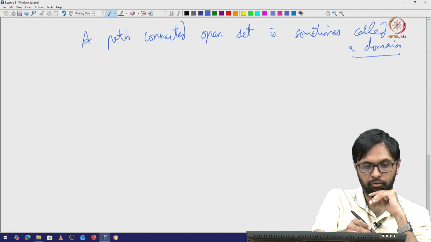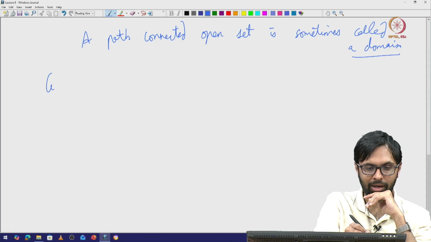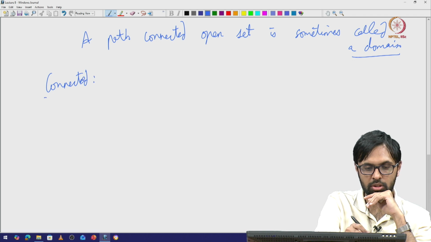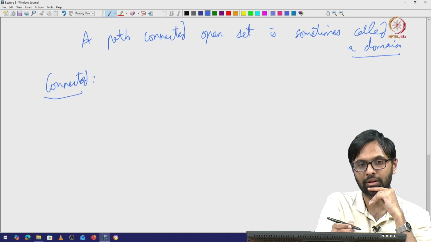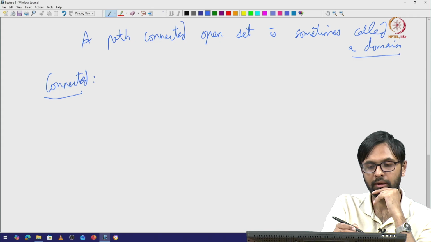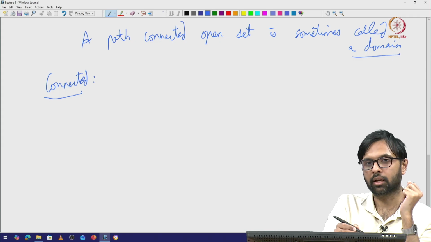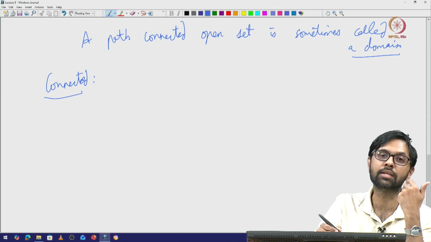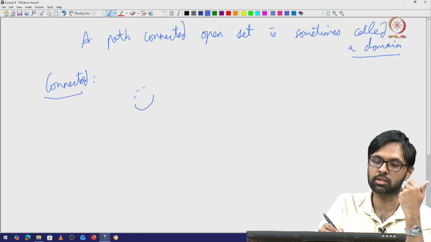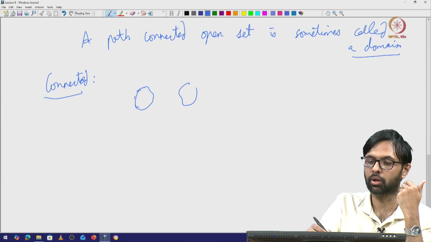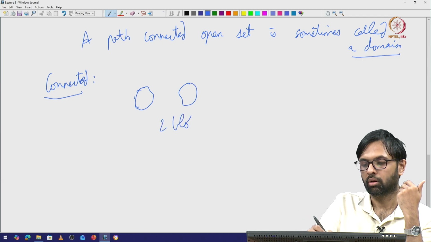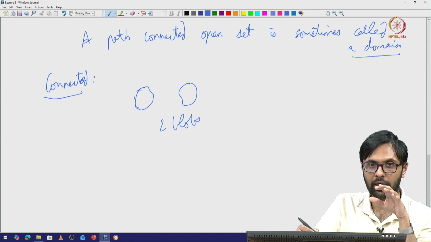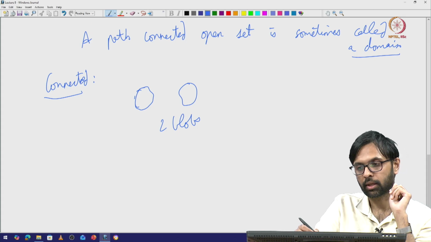Now, here is one more definition which is very close to path connected in a way, but it's not obvious that these two definitions are close to each other. When you think of a connected set, what you would have in mind is, what's a disconnected set, right? So a disconnected set is two blobs, if you will, that have nothing to do with each other, right? So how does one make this intuition of ours precise?